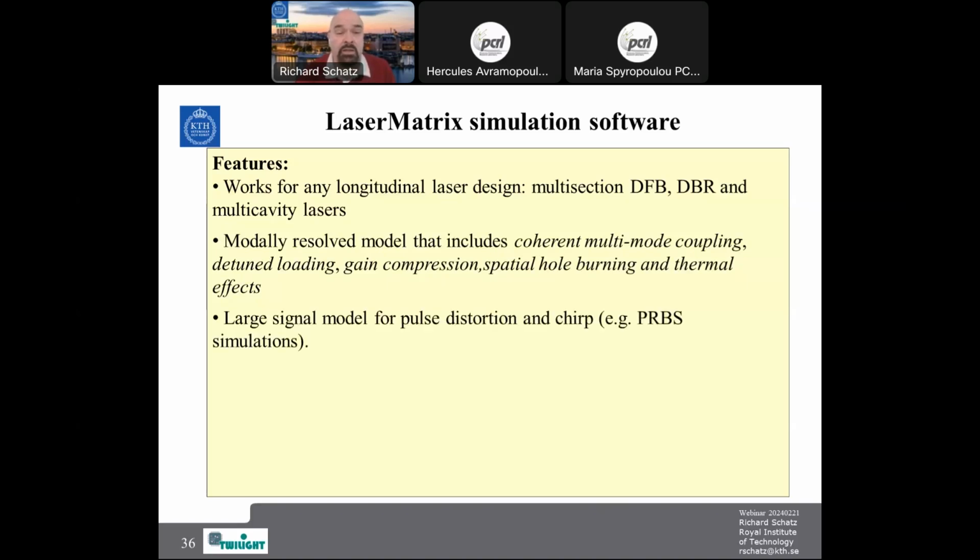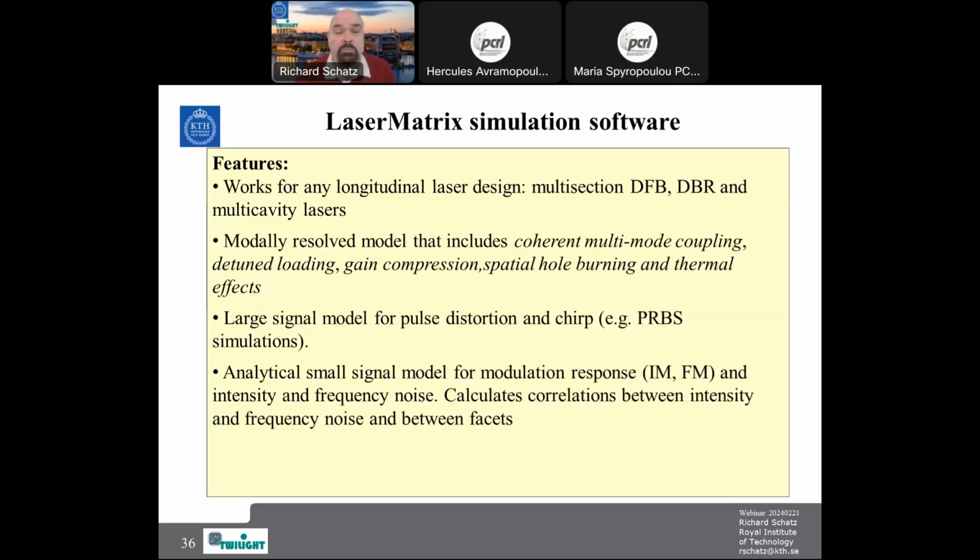You have a large signal model for pulse distortion and chirp, and you can do PRBS simulations and eye diagrams. You have an analytical small signal model, which is very fast, for modulation response and intensity and frequency noise. And you can also calculate correlation between intensity and frequency noise, and intensity noise from forward and back mirror and so on.